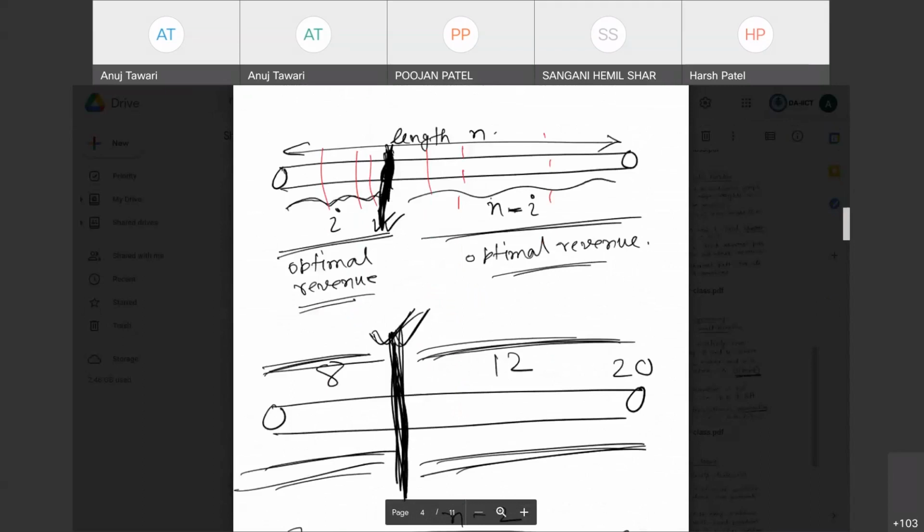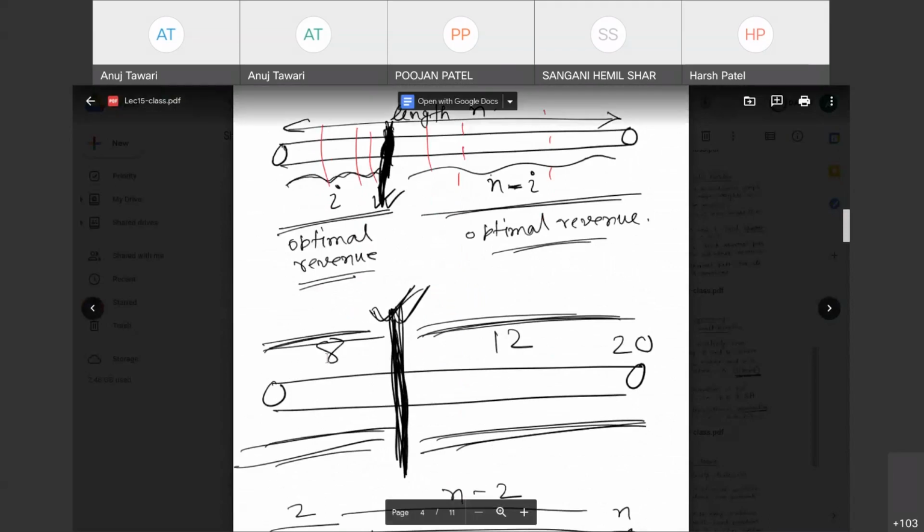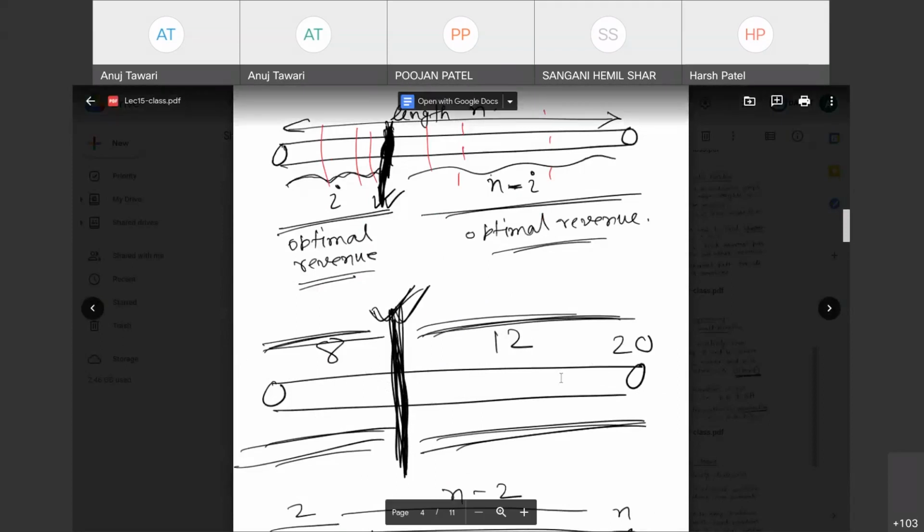So this is the way. Let's say there is a 20 length rod. We divide it into two pieces of length 8 and 12, and then further cut this length 8 rod and this 12 length rod. And so this optimal value we are already storing somewhere.